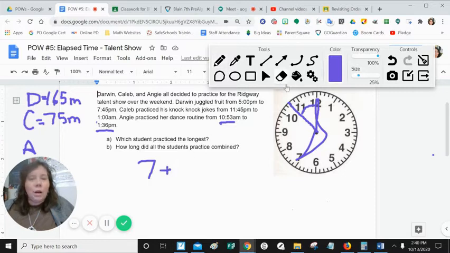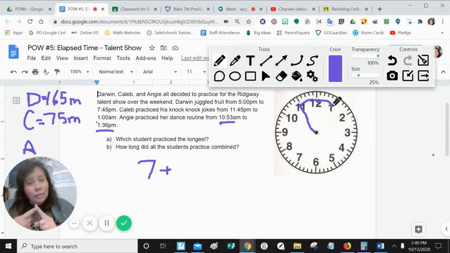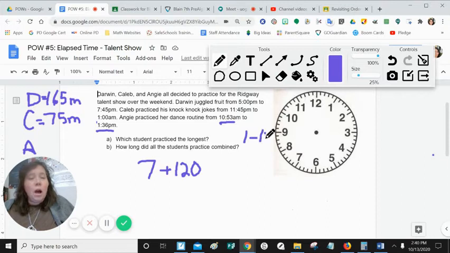So let's erase the clock. Now I am at 11 o'clock. I need to go to 1:36. Well, I have 1 hour, I have 2 hours. And I already know 1 hour is 60 minutes, so 2 hours is 120. So from 1 o'clock to 1:36, I need to count the minutes again.